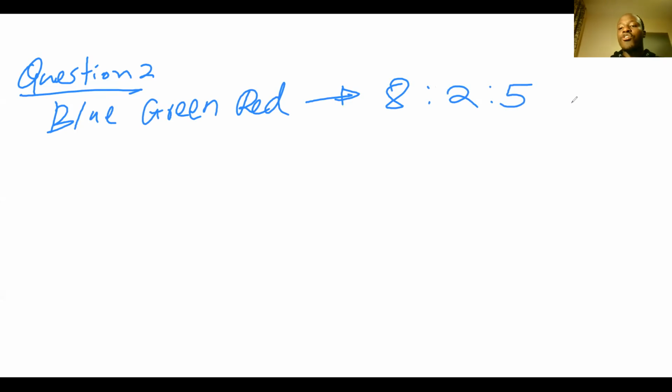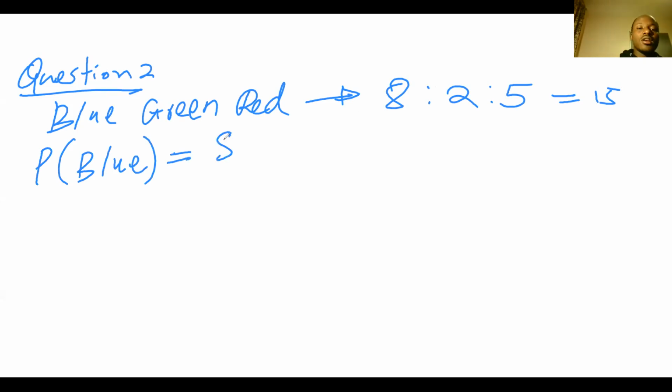So the total ratio here, of course, is 15. That means the probability of picking a blue is 8 over 15. If you put your hand inside there at random and pick a blue, it will be 8 over 15.